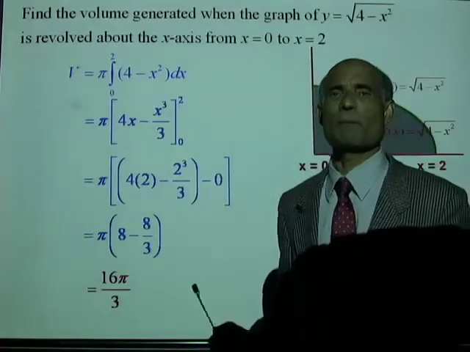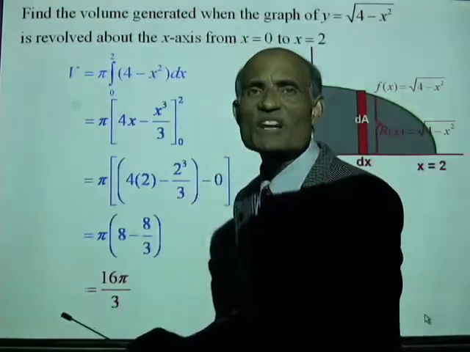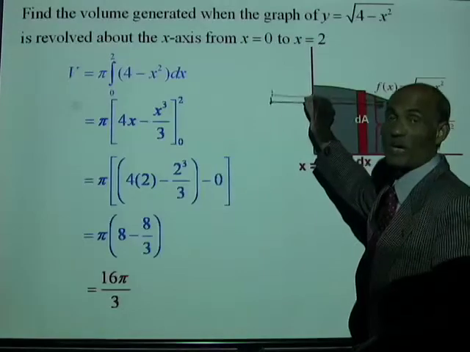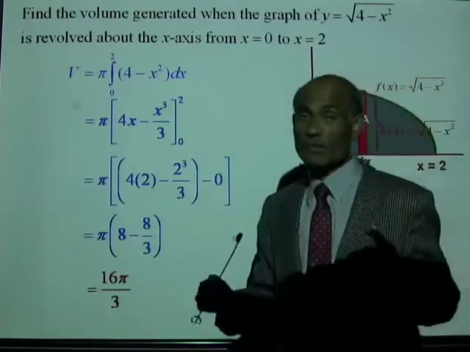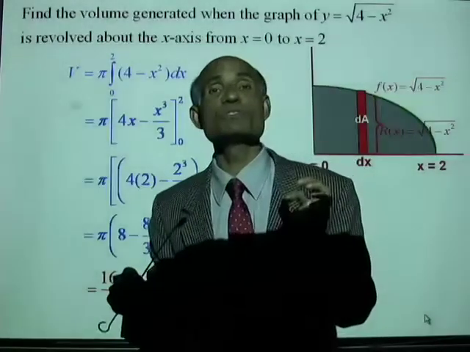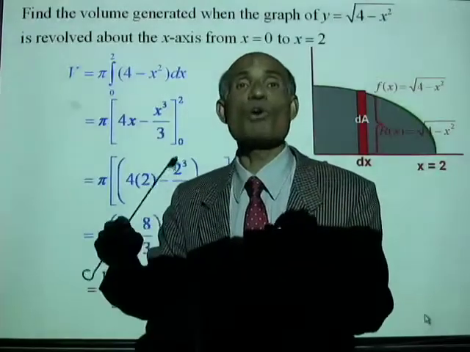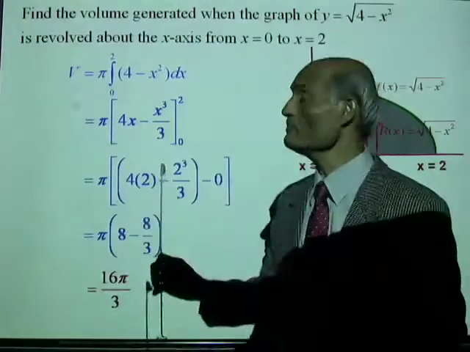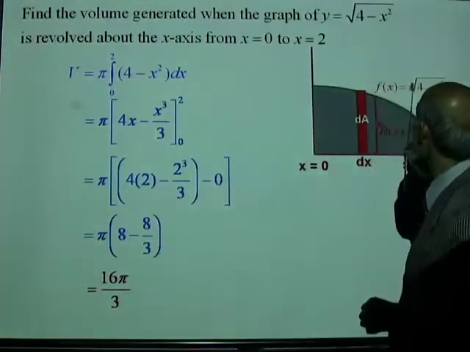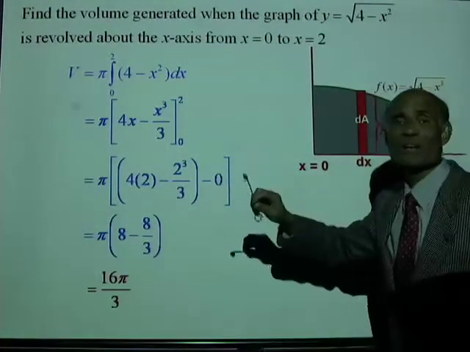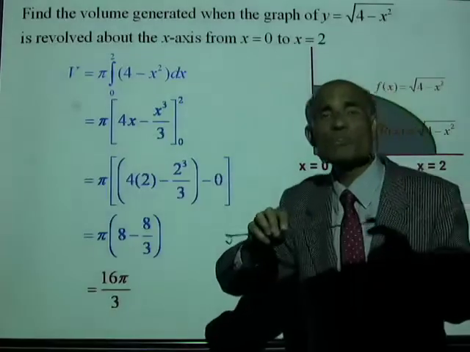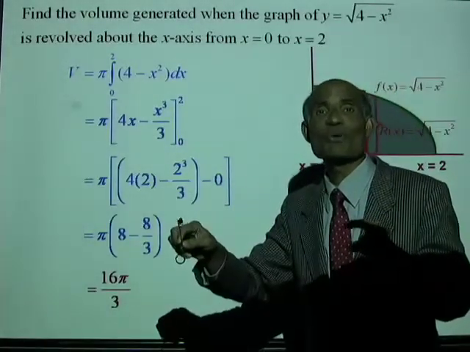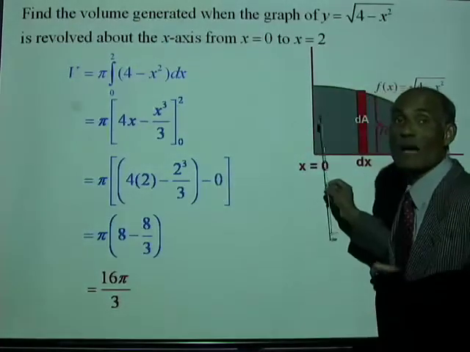Now, can you tell me, what is that solid that you generated here? Now, we talked about that y equal to square root of 4 minus x squared is actually the top part of the circle. Now, we didn't take all of that top part.